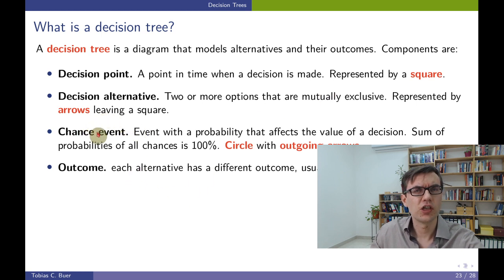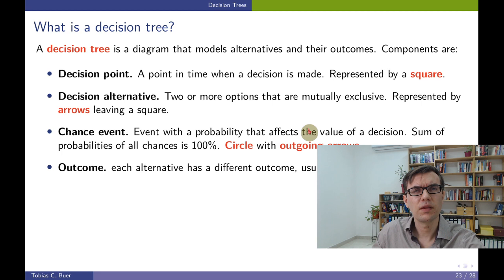We have chance events, and this is an event that has a kind of probability that affects the value of a decision. The sum of the probabilities of all chance events is 100% by definition, and we draw this as a circle with outgoing arrows.